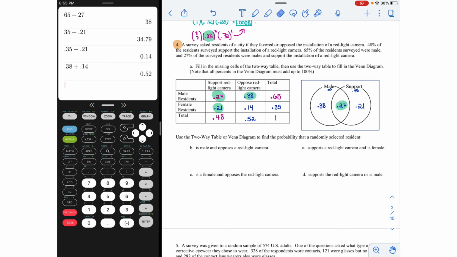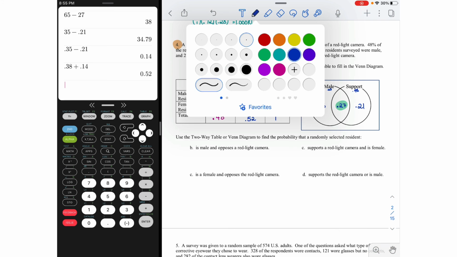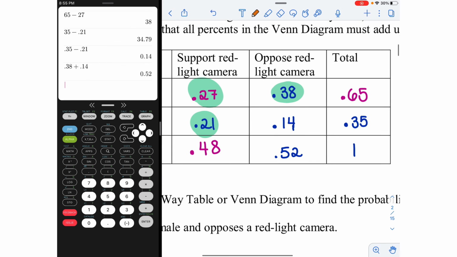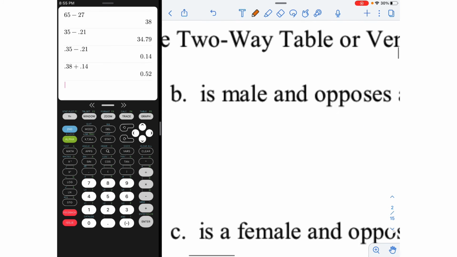Then you can answer these questions. It says, use the two-way table or the Venn diagram to find the probability that a randomly selected resident is male and opposes the red light camera. So a male who opposes, that's 0.38.